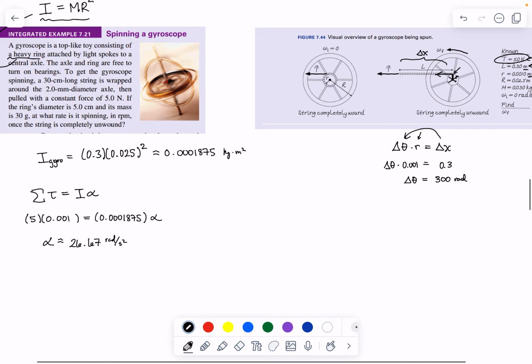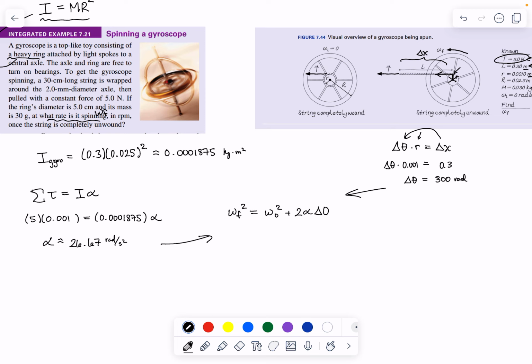How do we tie all this together to find omega final? This is our goal, right? We don't have any information about time. So if you think about it, there's only one kinematic equation that's going to do the job. Omega final squared equals omega initial squared plus 2 times alpha times delta theta.